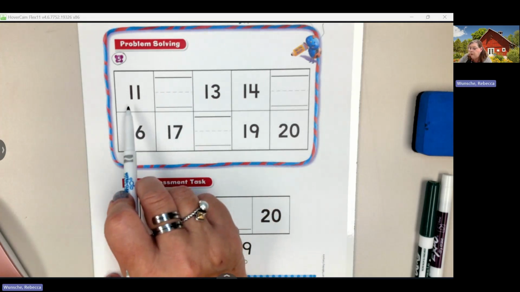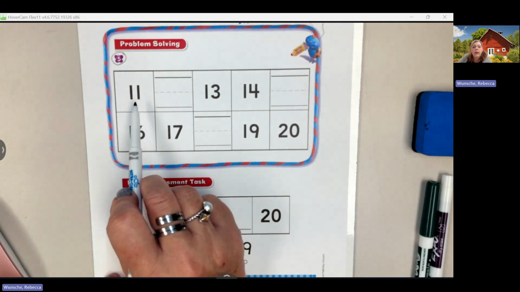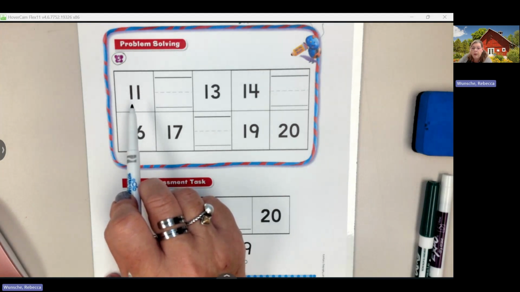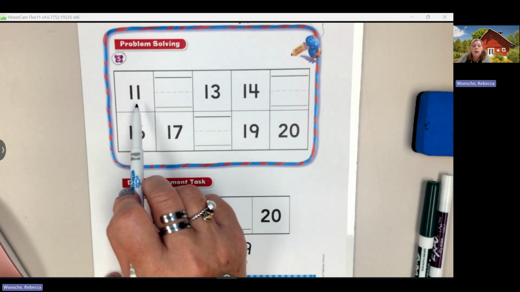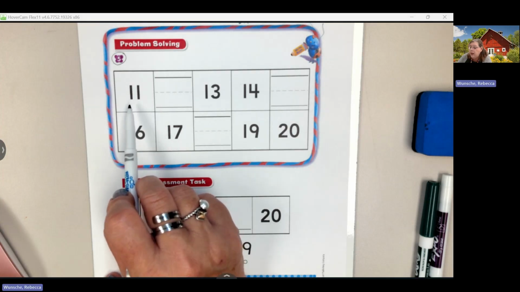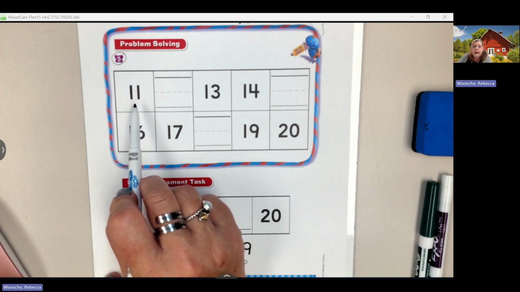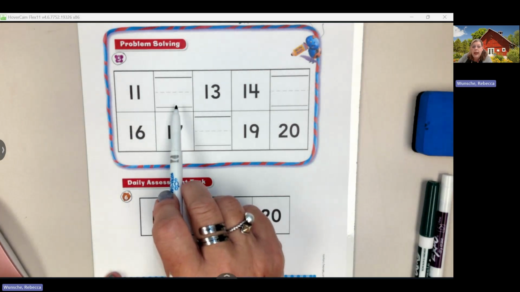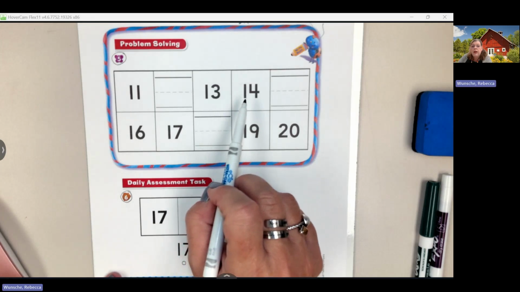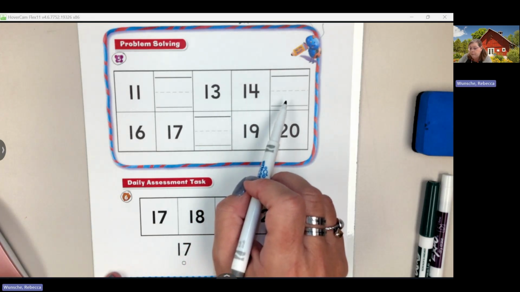Let's count forward. We're going to start with 11. We don't always have to start at 0. We don't always have to start at 1. You can start counting anywhere at all. So this time we're going to start with 11. So we're going to think about 11 and what would come after 11. 11, blank, 13, 14, blank.